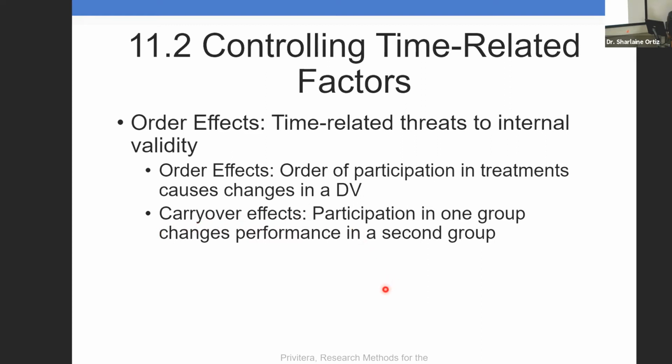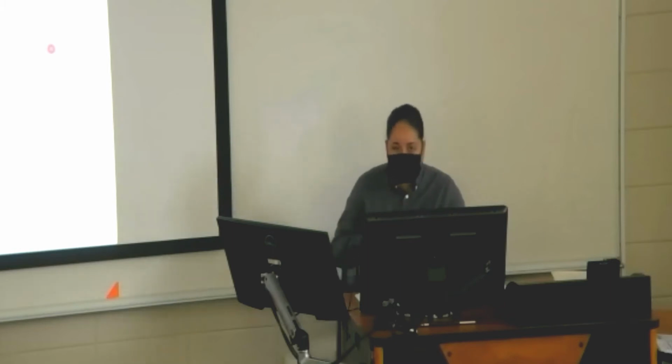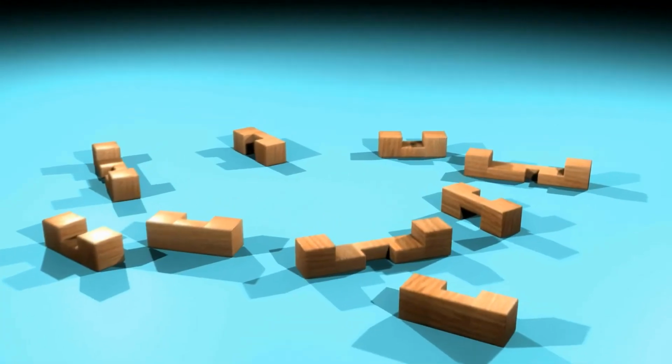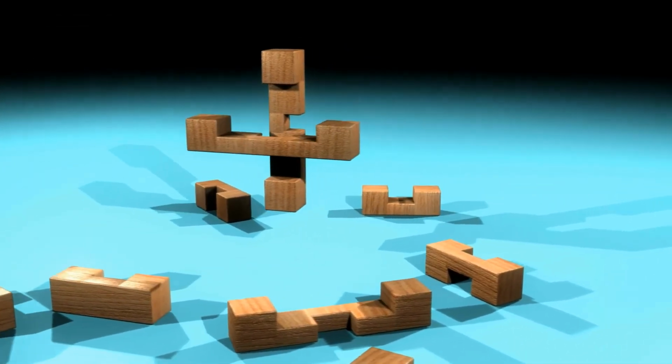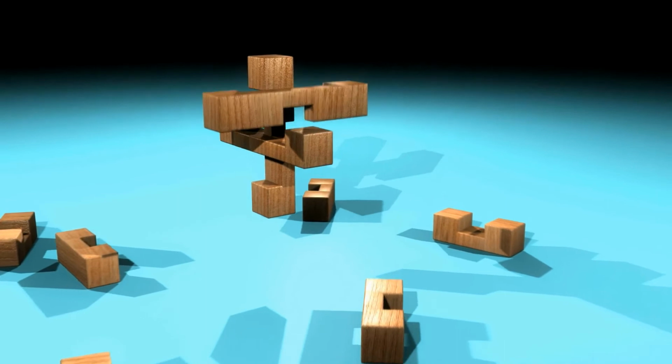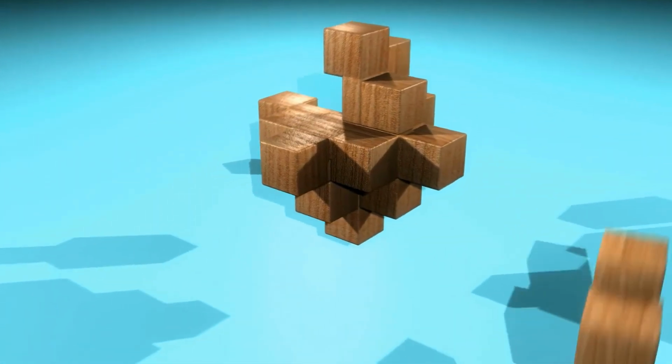In this particular case, if you were to participate in one group, that's later going to affect your performance in the second group. So what does that mean? If I give you a puzzle and you belong to the puzzle group, and I tell you to finish the puzzle, the second time it's going to be affected because you already know what to expect.